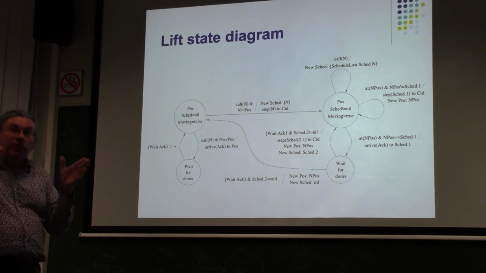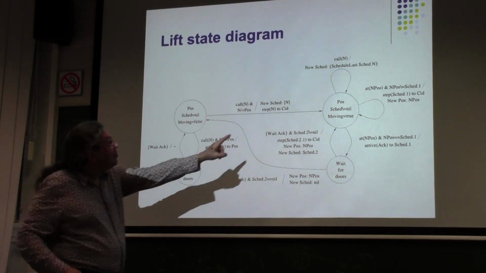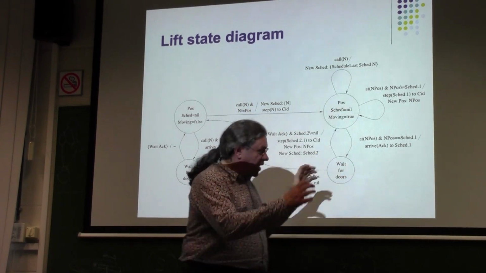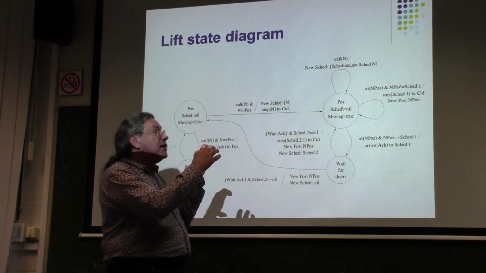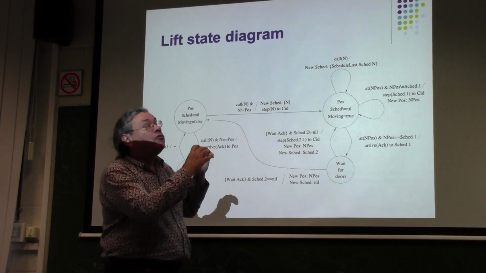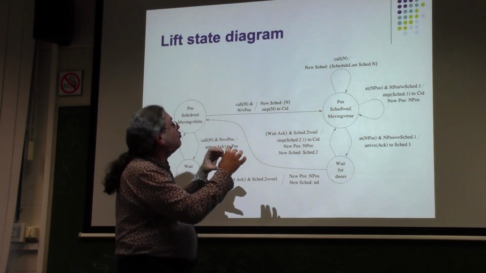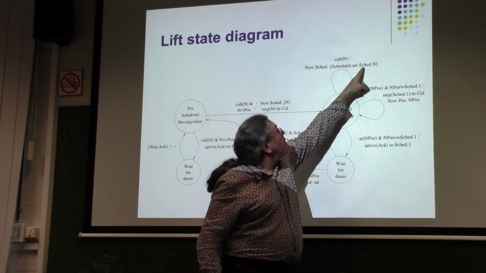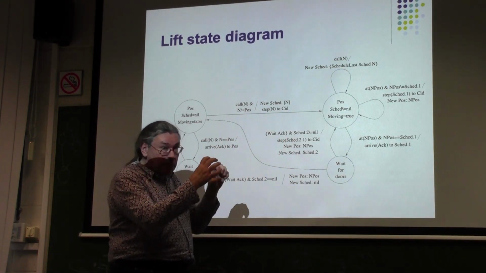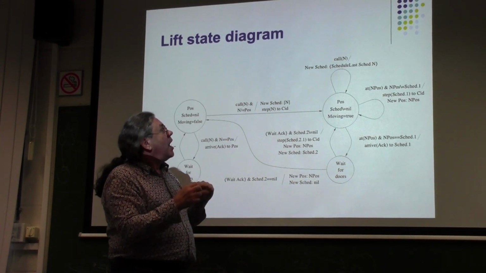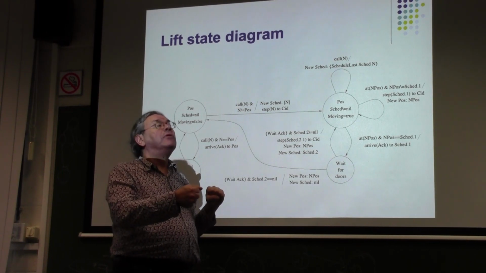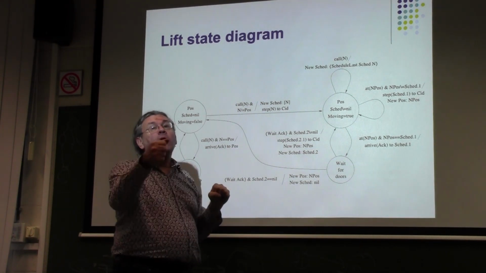The schedule, this list here, is a stable data structure that's not affected by concurrency. There are only two ways the schedule can be modified: we remove an element from the beginning, and we add an element to the end or somewhere else.